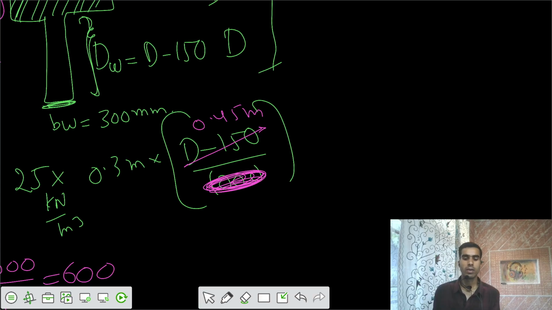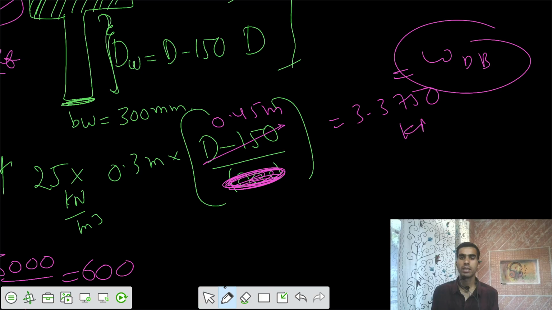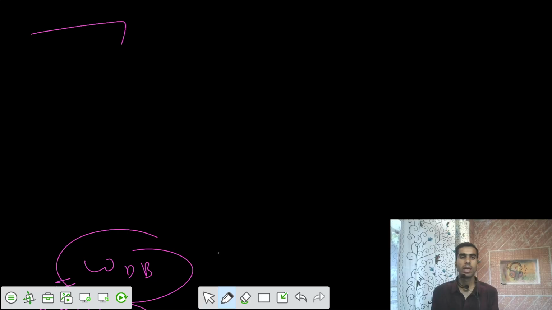So finally I would get a value of 25 into 0.3 into 0.45, that is 3.3750. This is the dead load of the beam, intensity in kilonewton per meter. So finally, I am designing a beam. What is the total load on the beam?